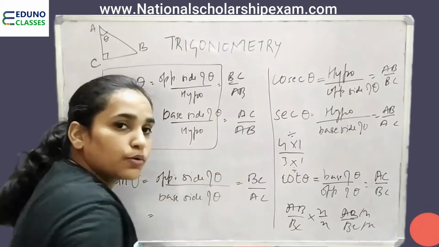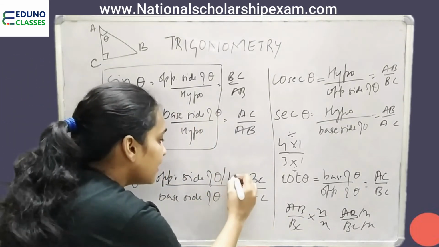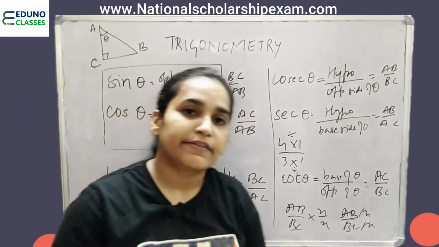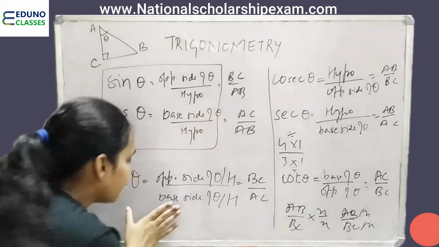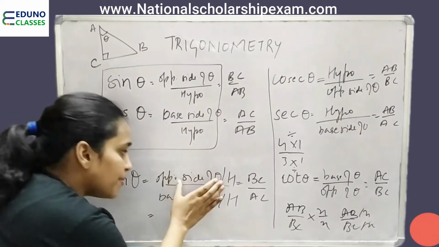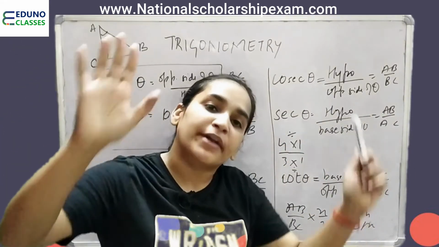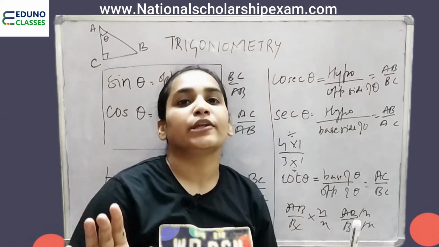So here we are doing nothing but dividing numerator and denominator by hypotenuse. The formula that we know for tan theta is the opposite side of theta upon the base side of theta. I am dividing numerator and denominator both by hypotenuse.